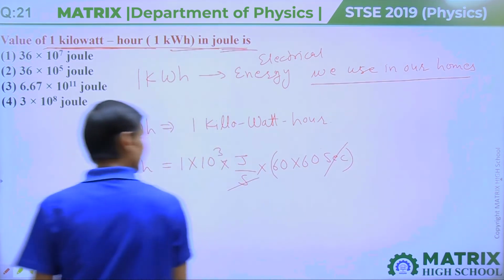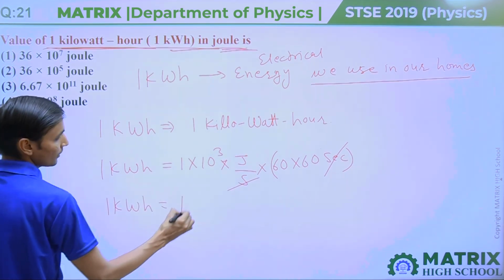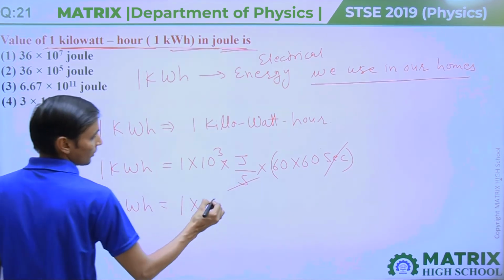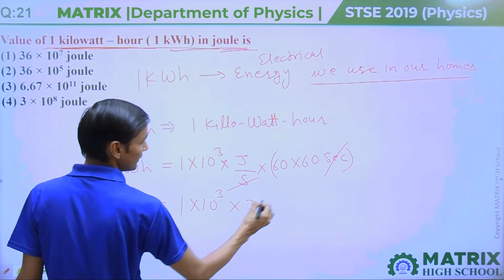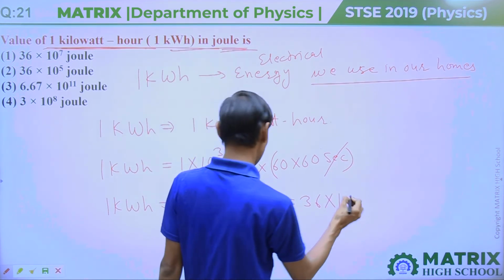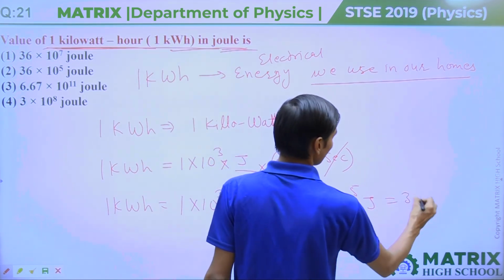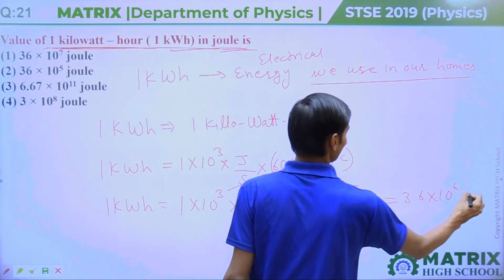Second will cancel out, and 1 kilowatt hour will come 1 into 10 raised to power 3 multiplied by 3600, that will come 36 into 10 raised to power 5 joule, or 3.6 into 10 raised to power 6 joule.